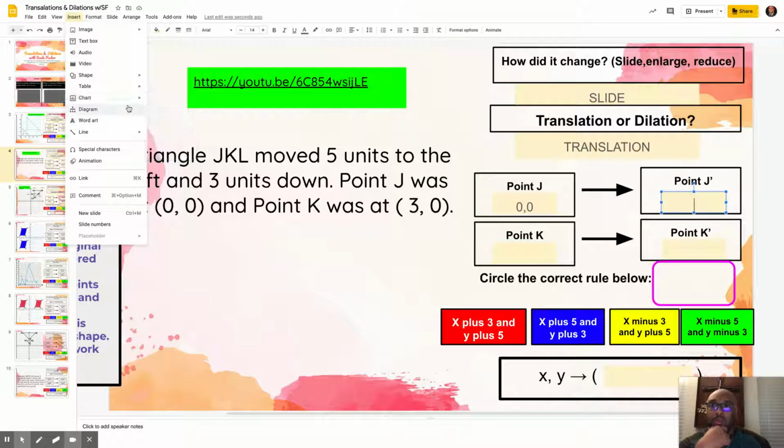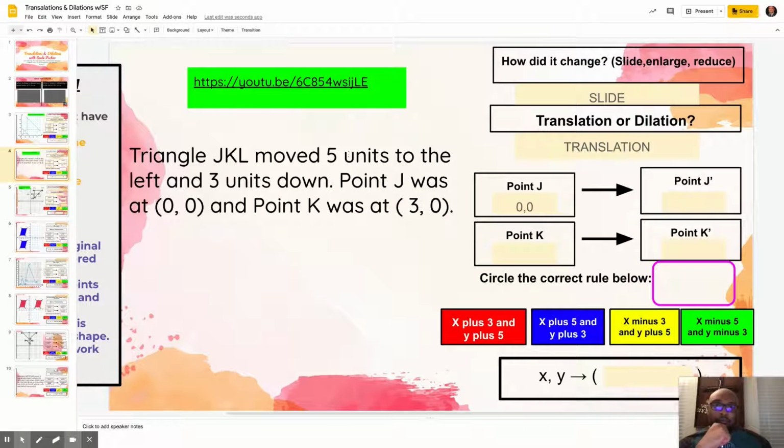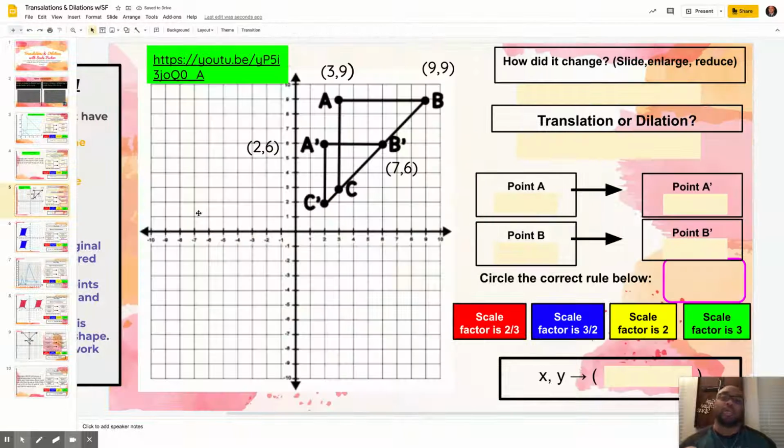Starting at the origin, going to the left is negatives. All right. So if I'm moving 5 units to the left, that would be 0 minus 5, which is -5, and then 3 units down. Once again, looking at this one just so that we have a quick graph, 3 units down would be -3.